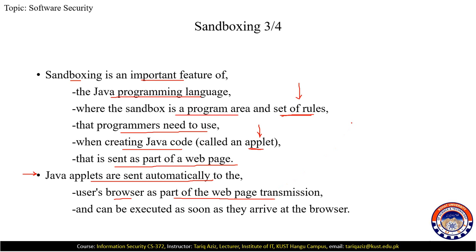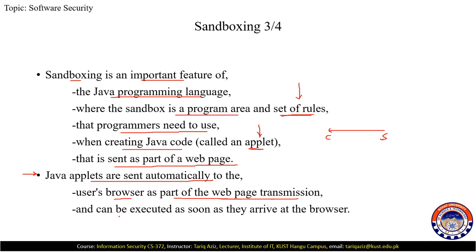So, let's say this is the client and this is the server, and the server wants to transmit some web page towards the client. Then these applets will be appended with the web page and sent automatically to the client browser.